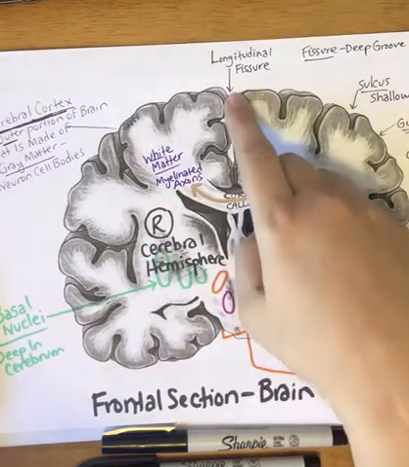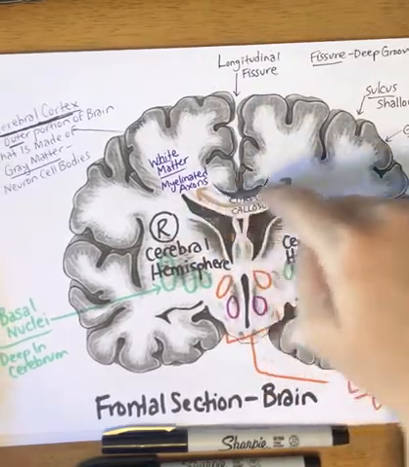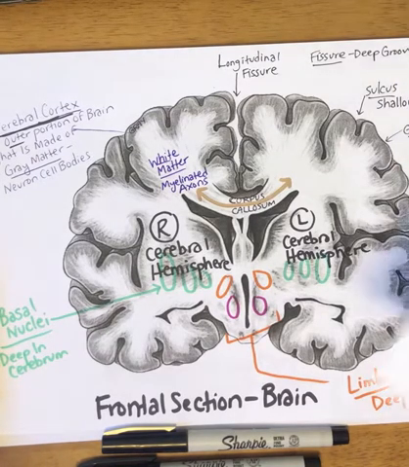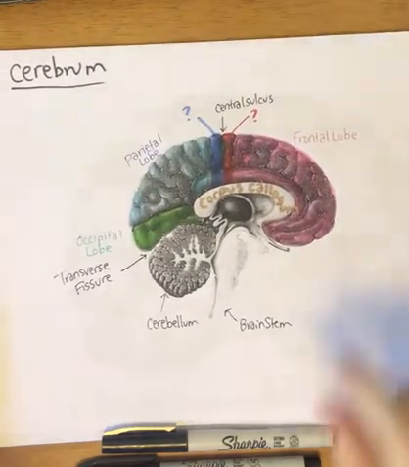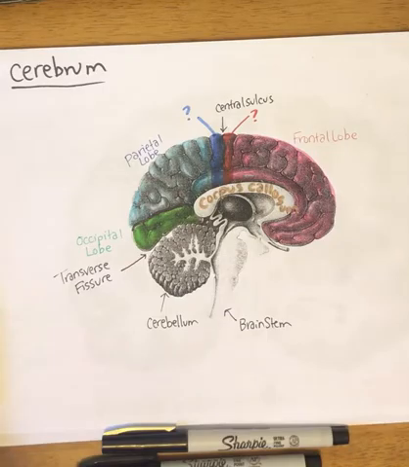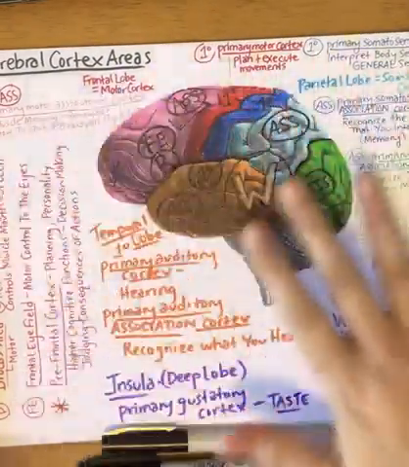We also talked about the fissures in the right and left hemispheres, the corpus callosum and how it connects the two. We also looked at the internal view of this cerebral cortex, so we could see the corpus callosum and the transverse fissure. And then we went into the cerebral cortexes, which is, again, the outer portion in all of these areas.